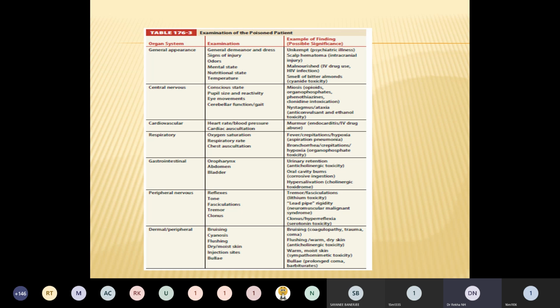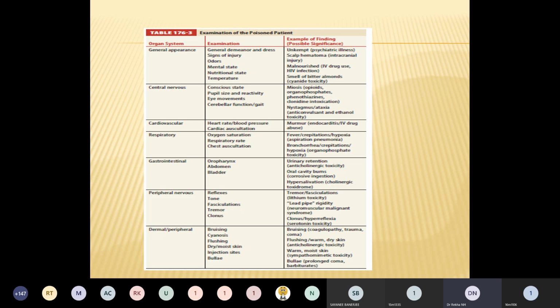Coming to the central nervous system, we look at whether the conscious state is fine and whether there is any alteration in pupillary size, and we work up accordingly. Disturbance in cerebellar functions can occur in anticonvulsant overdose or ethanol toxicity. Cardiovascular: bradycardia usually occurs in a patient with organophosphorus consumption.